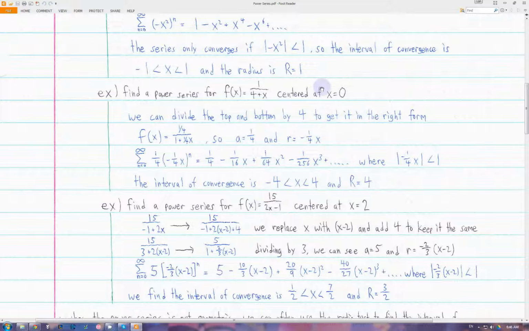Here, at x equals 0, the function is equal to 1/4, which is the first term in our power series. So just make sure that the first term matches up with the value of the function, because remember, the power series is basically just a representation of this function. So the value at the center should be exactly the same.